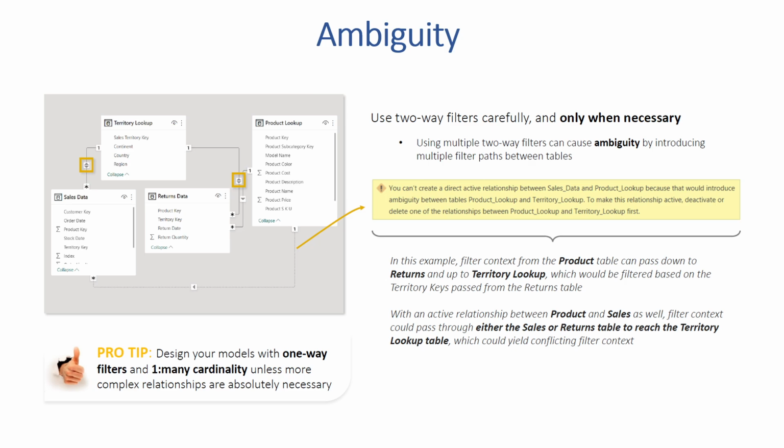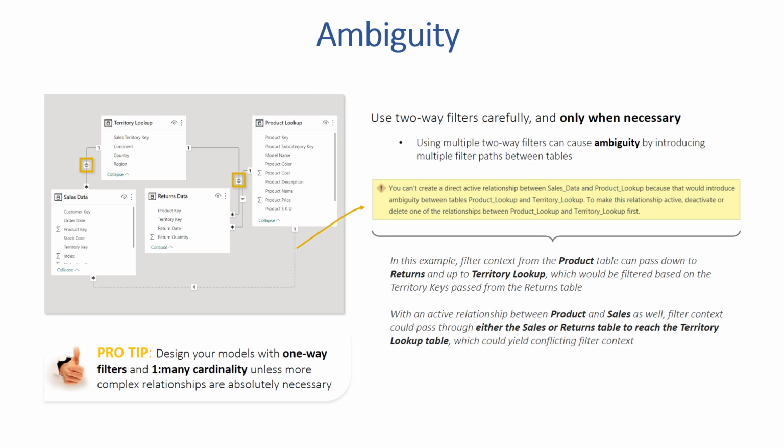In this example, the filter context from the product table can pass down to the return and up to the territory lookup, which would then filter based on the territory key passed from the return table. With the active relationship between the product and the sales as well, filter context passes through either the sales or return table to reach the territory lookup, so it could conflict, right?